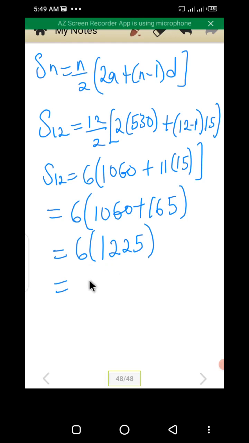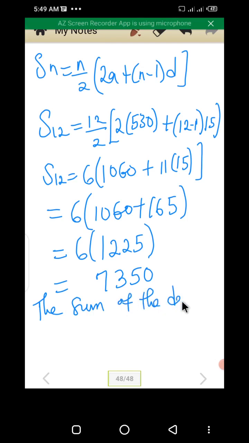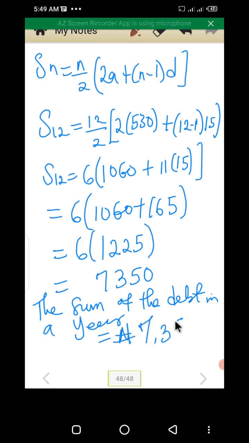Multiplying, 6 times 1225 gives 7,350. So the sum of the debt in a year is equal to 7,350 according to the formula used.